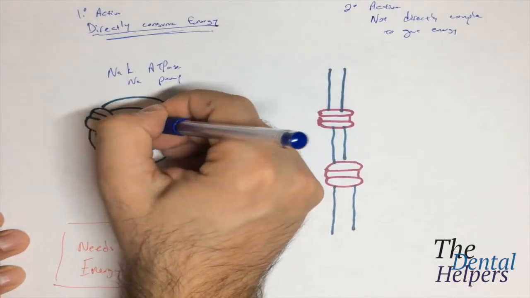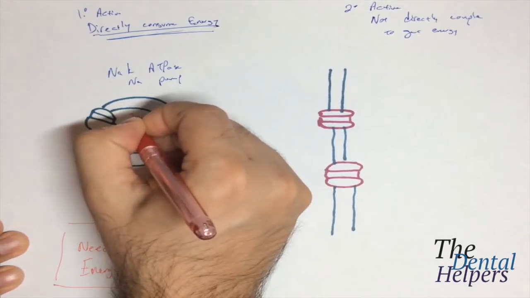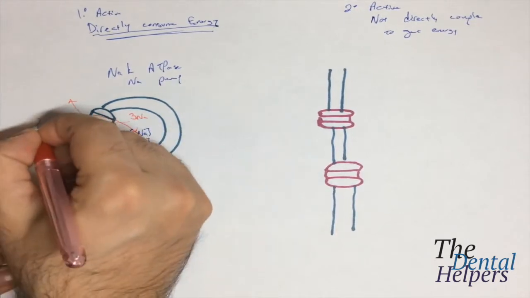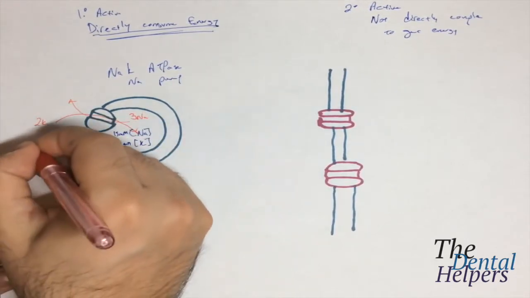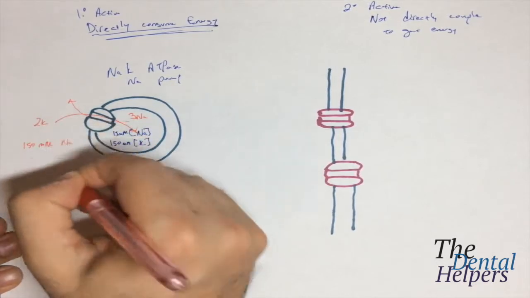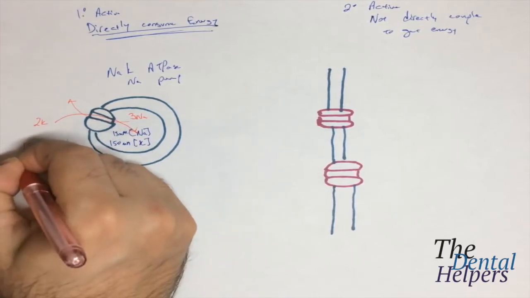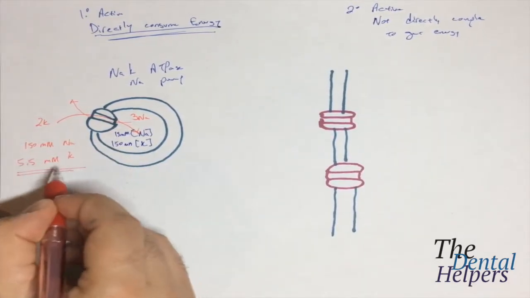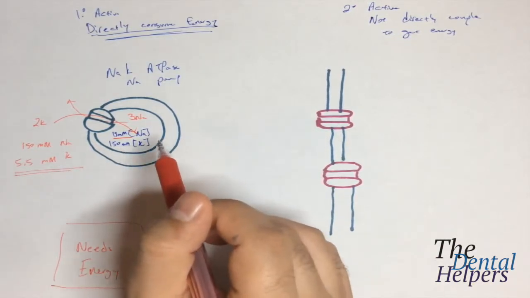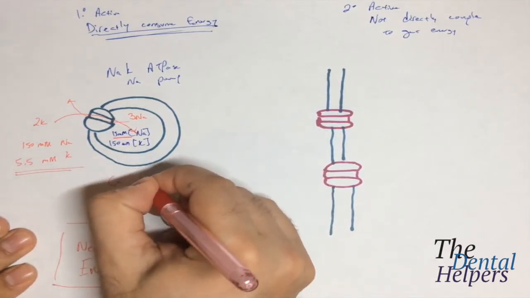So what's going to happen is for every 3 sodium that's on the inside that's leaving out, we're going to have 2 potassium come back in. And then if we look at the concentrations on the outside, for sodium we now have 150 millimolars of sodium concentration, while in potassium we have 5.5. So if we look at the difference, there's a big difference between the amount of sodium and potassium inside versus outside.